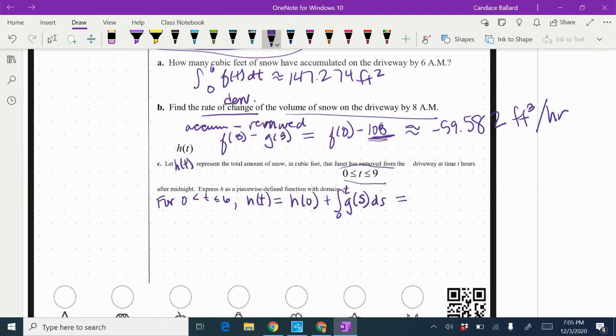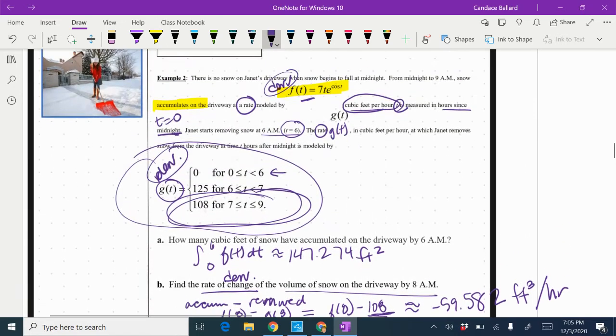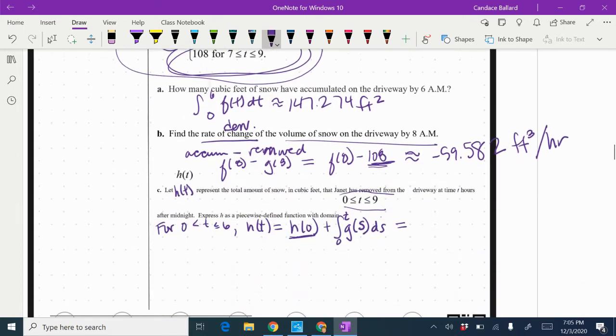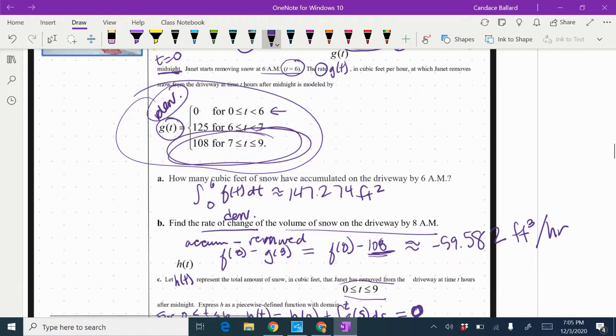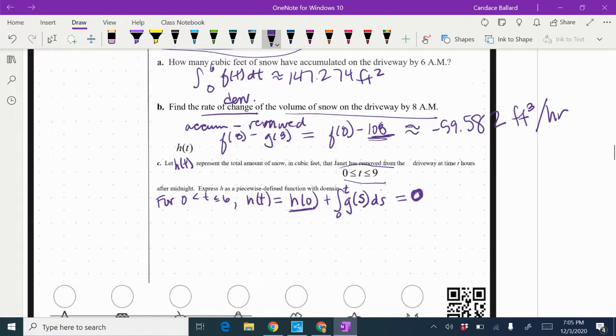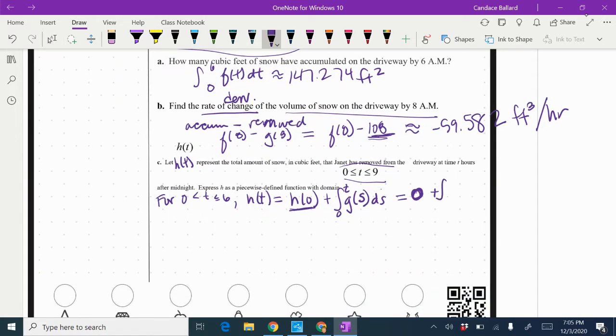H of 0, she hasn't removed any snow to begin with. And when I integrate, it's really the integral of 0. So the integral from 0 to T of 0 ds is just 0. So for the first 6 hours, she doesn't remove anything. She doesn't really start till hour 6.